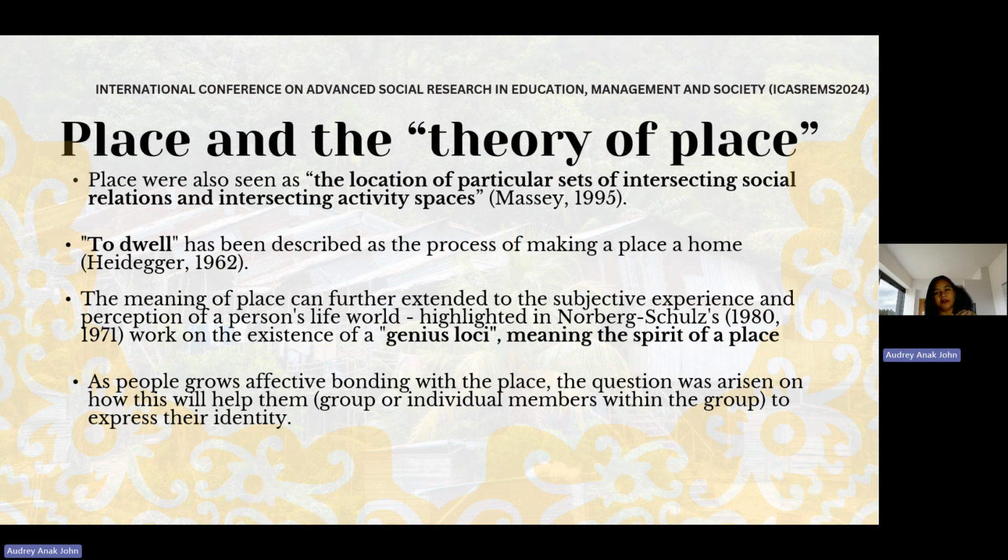So these are some of the important notions, important concepts from the theory itself in this study. The concept of intersecting activity spaces, and then the novel works that highlighted the existence of the genius loci, which means spirit of place.